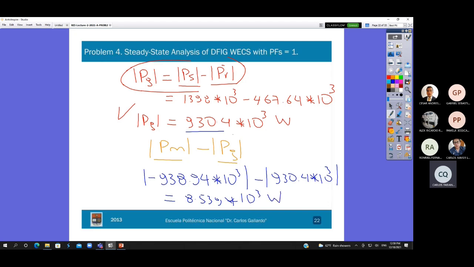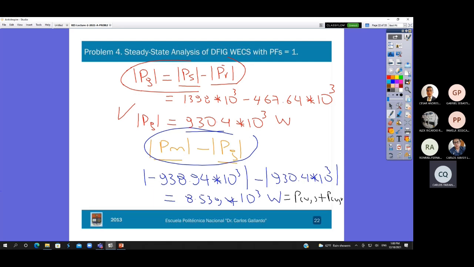We know this difference between the mechanical power and the grid power is the losses on the stator and rotor windings. So this is equal to the stator winding losses plus the rotor winding losses.